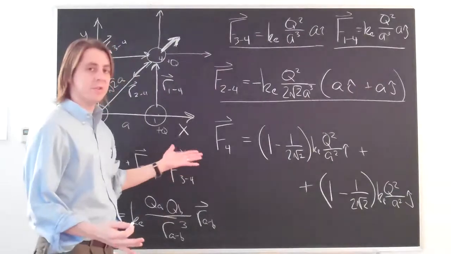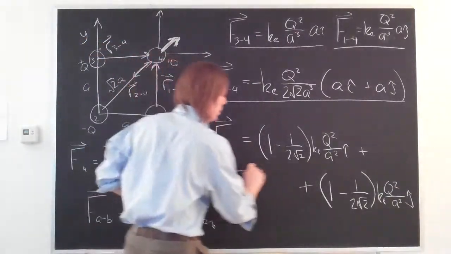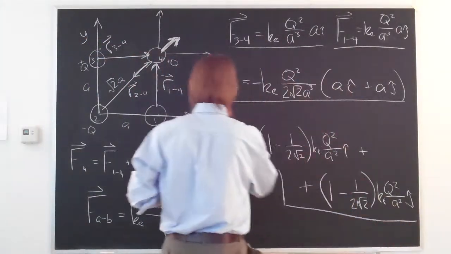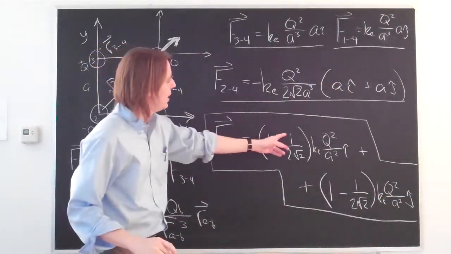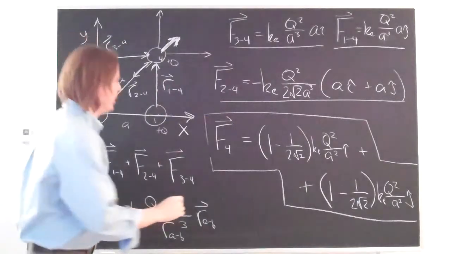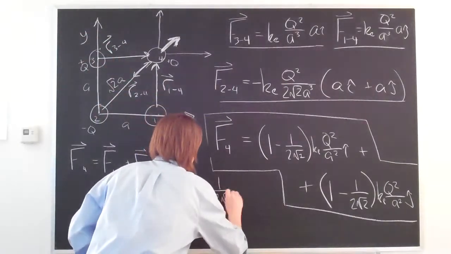And that's the answer. That's the same as the previous answer, written slightly different. You might not see how it's the same. The only thing you need to know is 1 over 2 square root of 2.